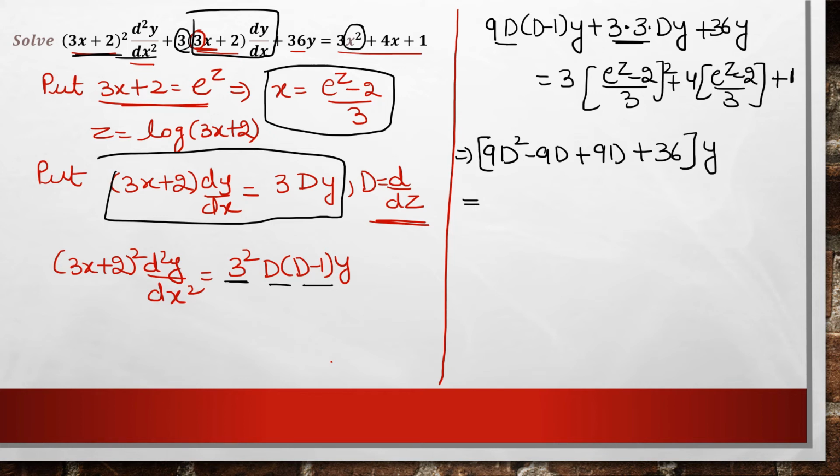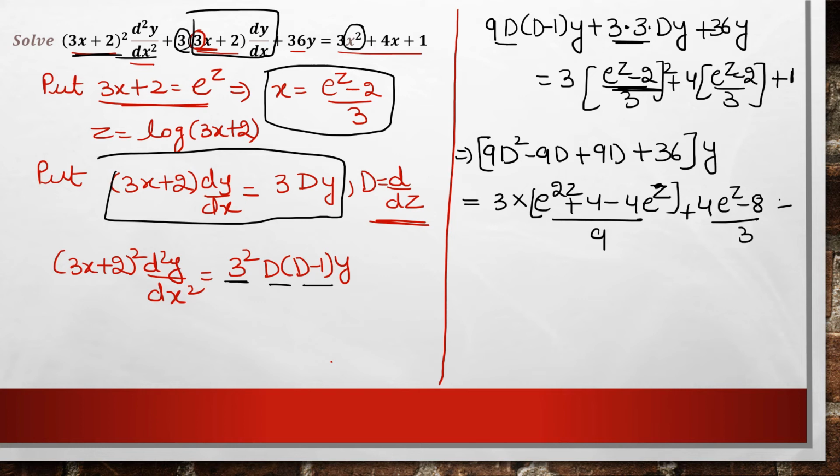On the other side, using (a plus b) whole square, you'll get 3 into e power 2z plus 4 minus 4 e power z, all over 9, plus 4 e power z minus 8 over 3, plus 1.